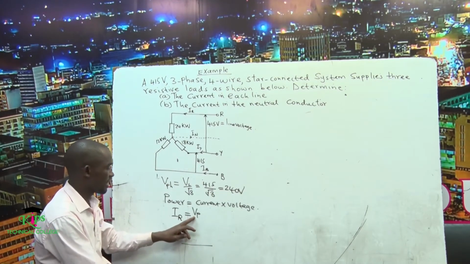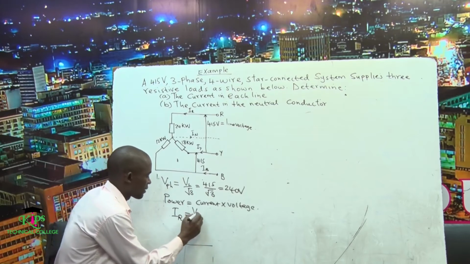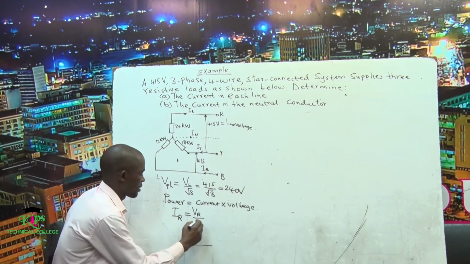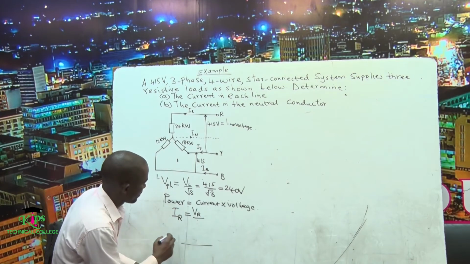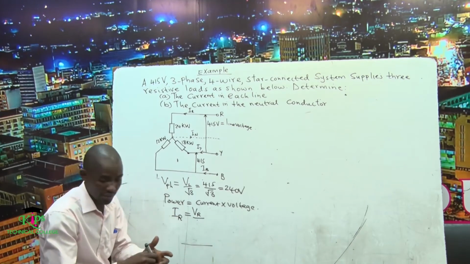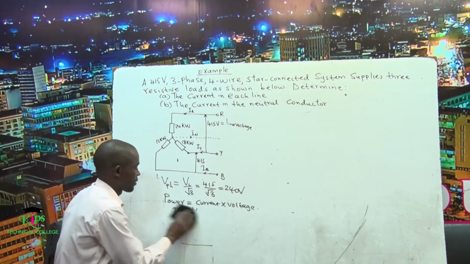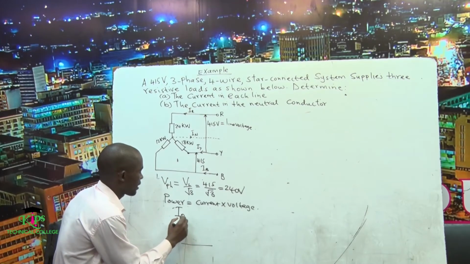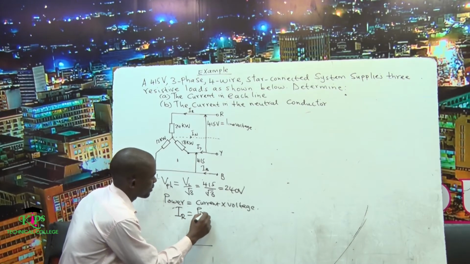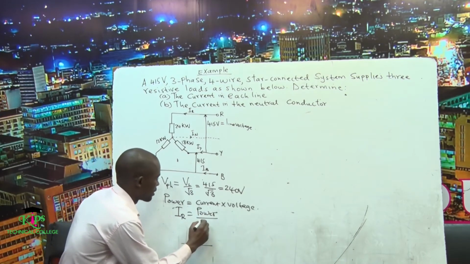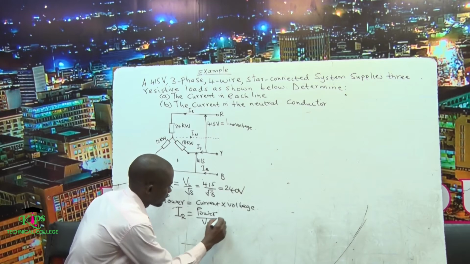So for the red phase, the current IR will be equal to the power divided by the voltage VR.